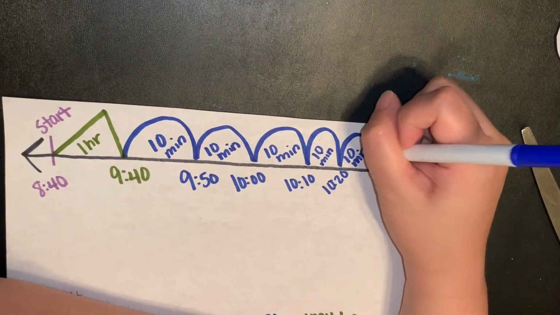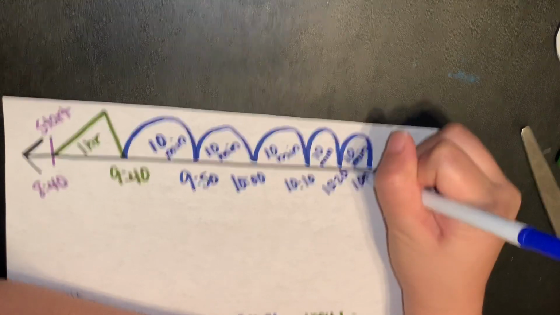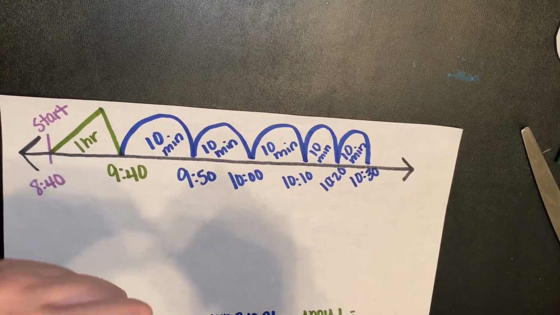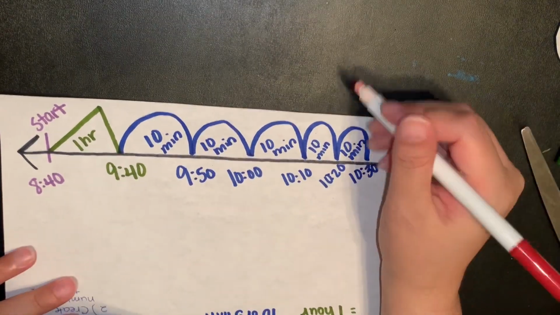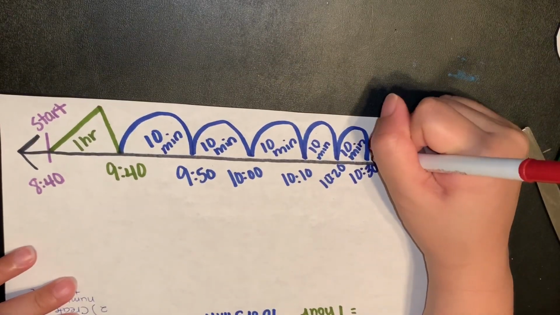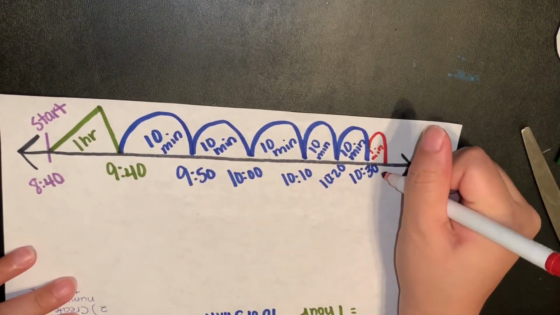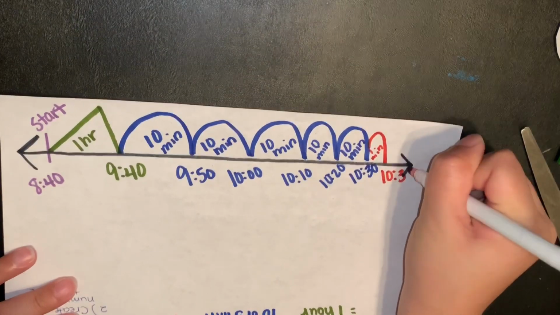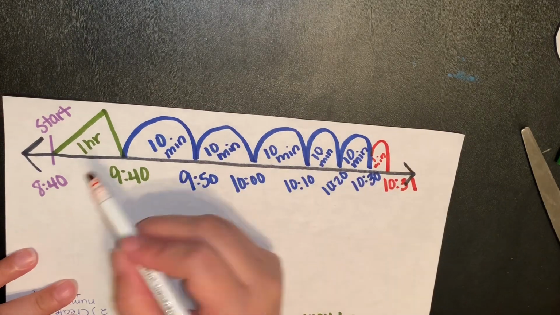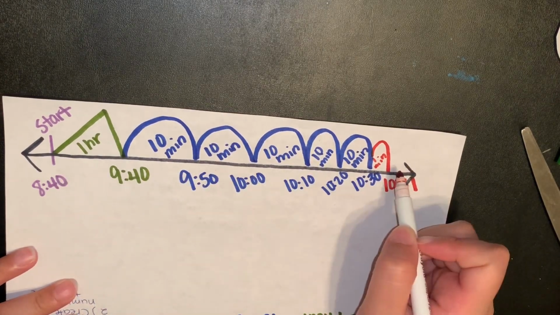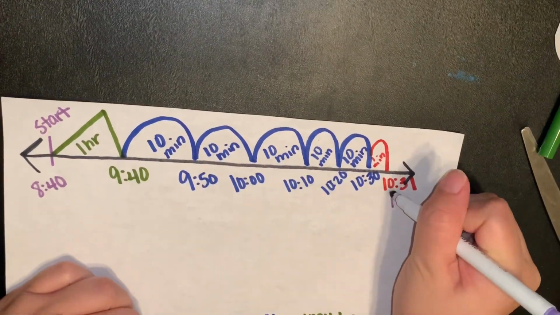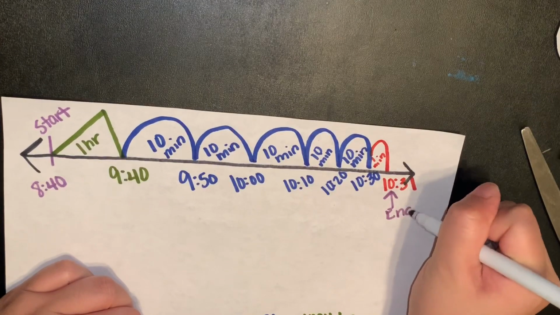Then 10 more minutes is 10:30. But that's not where I was going to end. I was going to end at 10:31. So I add 1 minute. And now it is 10:31. That was my end time. So step 2 was to create a timeline or a number line representing the start and end time.